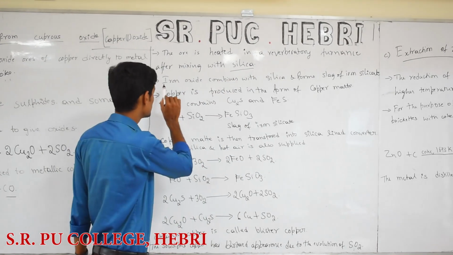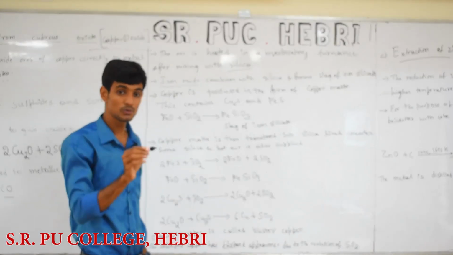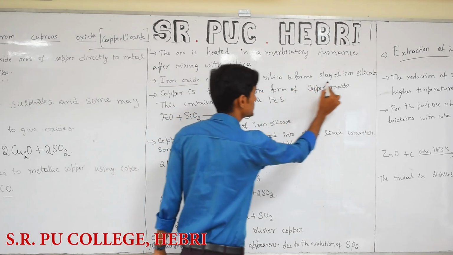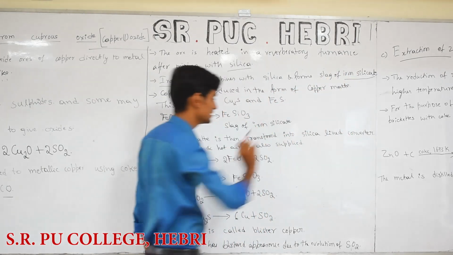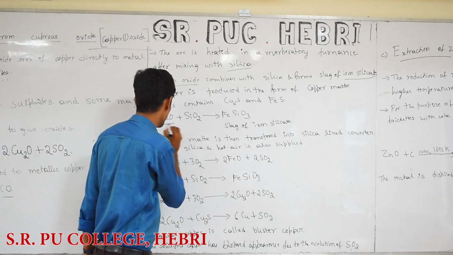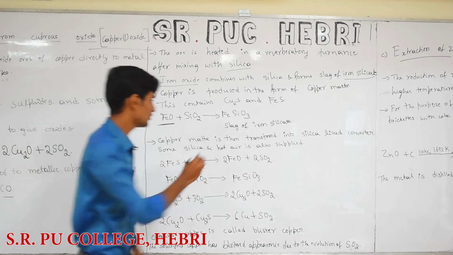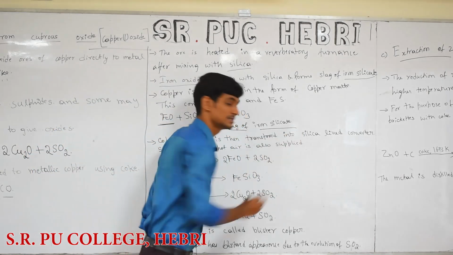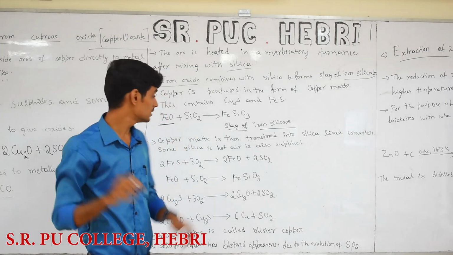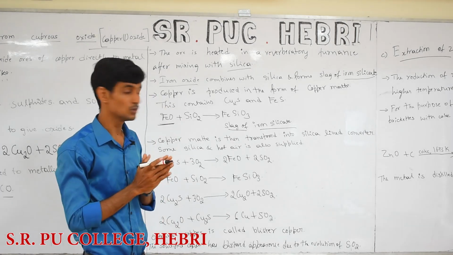This silica will react with the iron oxide present in the copper ore and combine with it to form slag of iron silicate. I have written the reaction here. So this is how we remove the impurity, iron oxide, present in the copper ore.